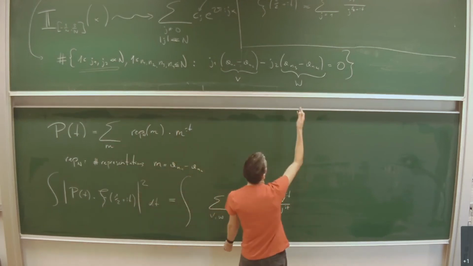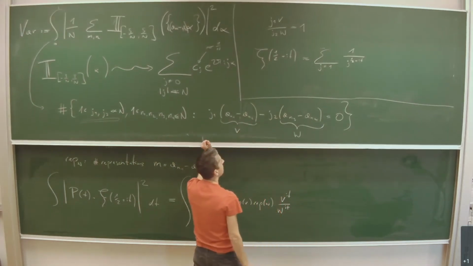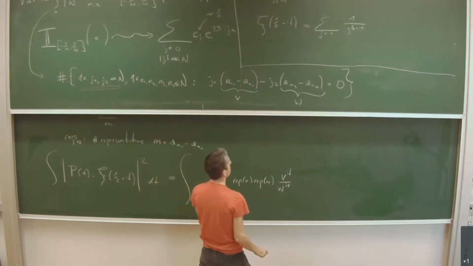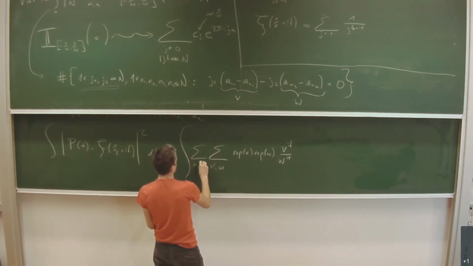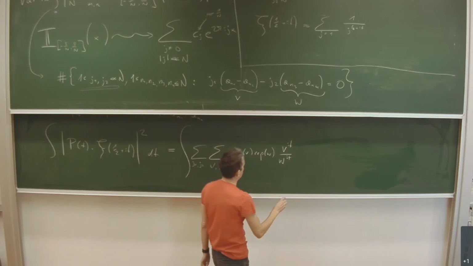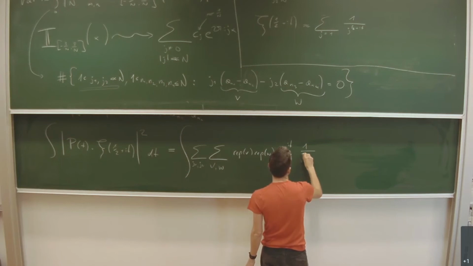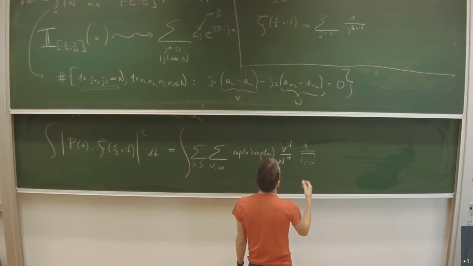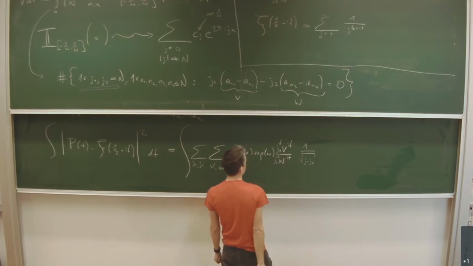And then, if we believe that really the zeta function has such an expression, then we get a summation over j1, j2. One over square root j1, j2 times j1 to the it here and j2 to the it here in the denominator.